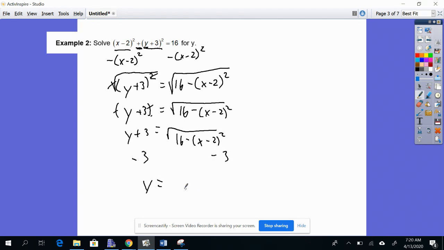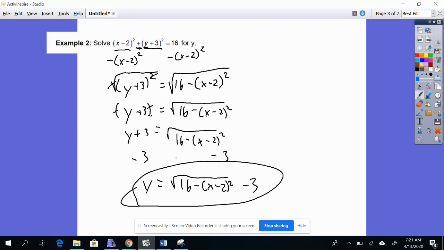So y is equal to the square root of 16 minus x minus 2 quantity squared, minus 3. Now be careful here that in MyMathLab you are putting this minus 3 outside of the parentheses or outside of the radical. If you put it under the radical, it's going to tell you it's wrong. So just be careful of that. And there's my answer. y is by itself. That was the goal.